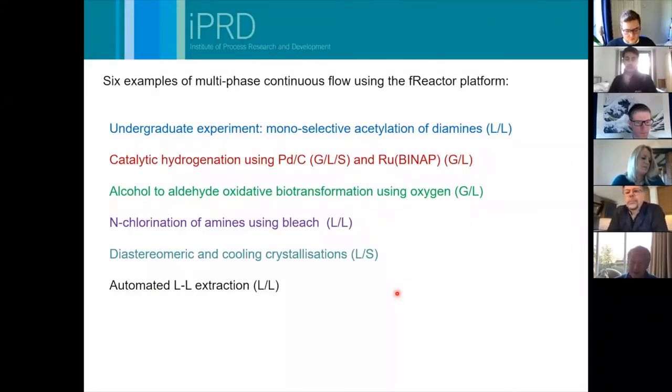I'm going to talk then about biotransformation using oxygen together with the water in which the enzymes are dissolved. Then a 2-phase system using bleach and toluene to do an N-chlorination. Then a crystallization, or 2 different types of crystallization. And lastly, a more complex example, which is a liquid-liquid extraction.